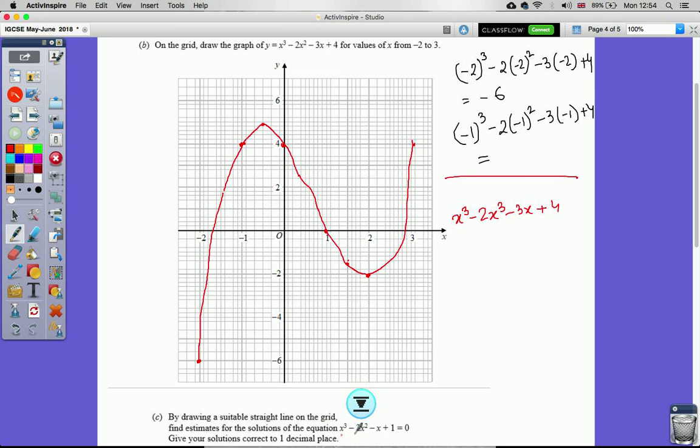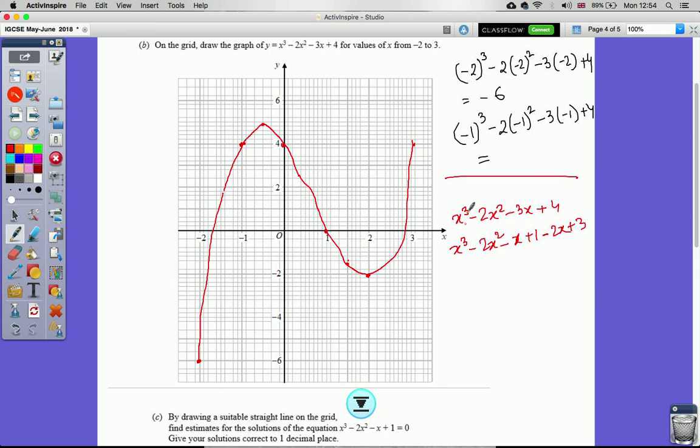Now if I try to write it like this, I can say x cubed minus 2x squared minus x plus 1. Now you see, this was minus 3x, I've written minus x, so to adjust it I will write minus 2x, and this is 4, I wrote 1, so I'm going to write plus 3.